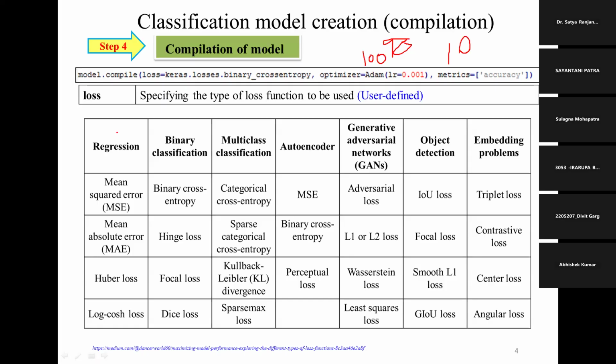If we go for a regression problem, sometimes not exactly image data but textual data, for example if we want to predict the price of a house or the size of a tumor, then we go for regression analysis. In those cases we mostly use either mean square error, mean absolute error, Huber loss, or log-cosh, but mostly mean square error is used.